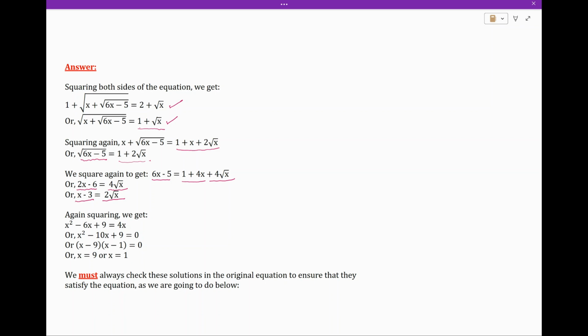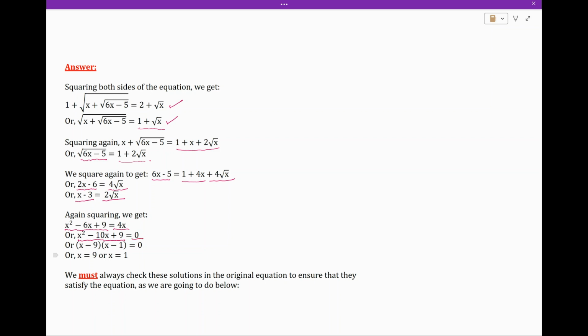If we square both sides again, we get x squared minus 6x plus 9 is equal to 4x. Bringing over 4x to the left hand side, we get x squared minus 6x plus 9 is equal to 0.